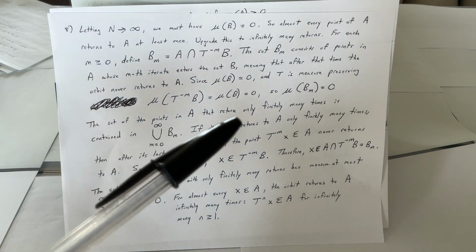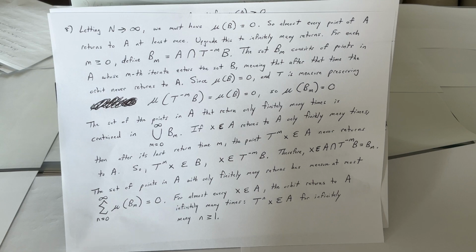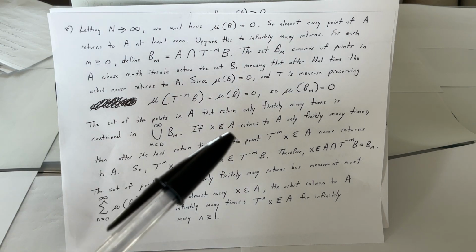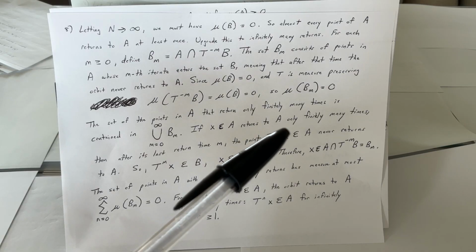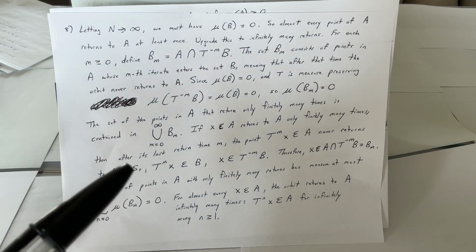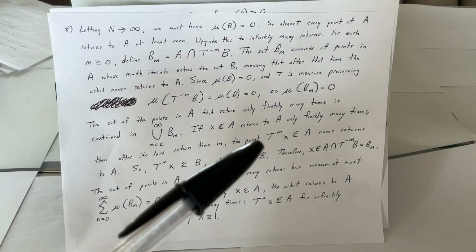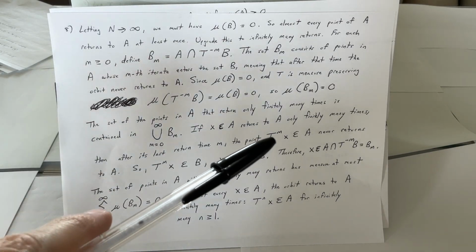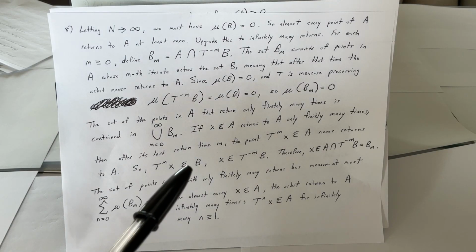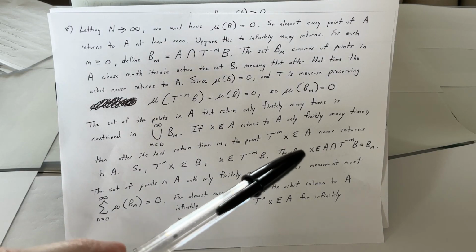The set of points in A that return only finitely many times is contained here. If x belongs to A and returns to A only finitely many times, then after its last return time m, this point here never returns to A. So we have this, and therefore this.